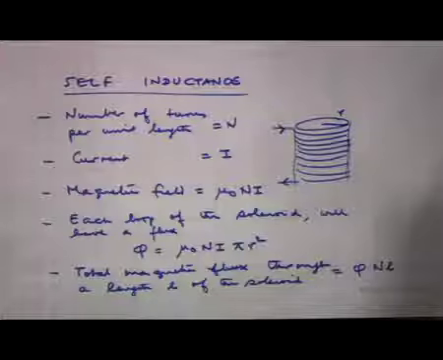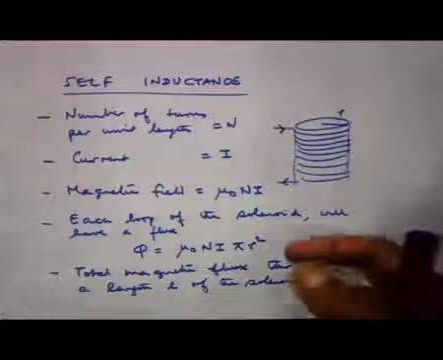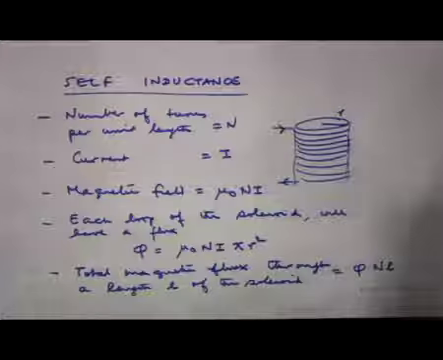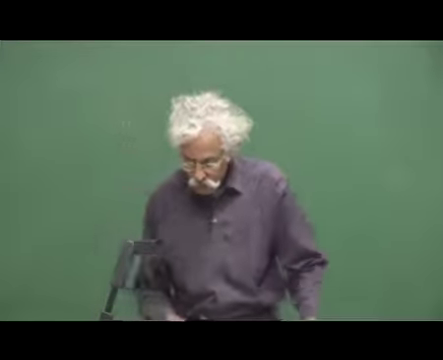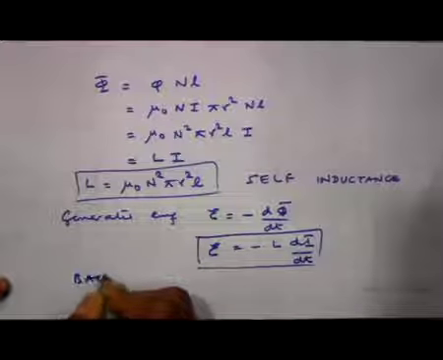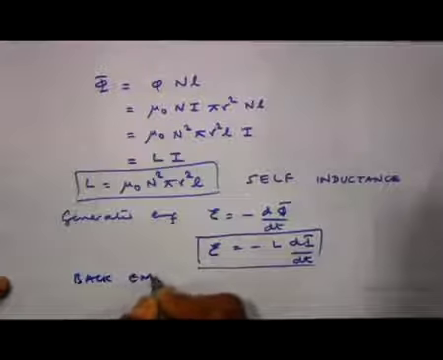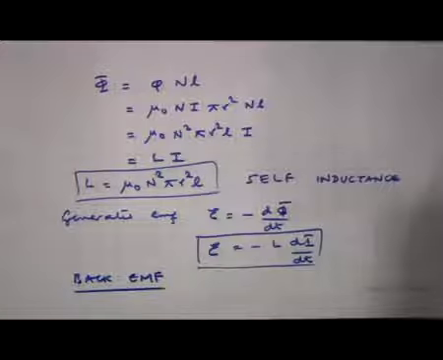Similarly, if I try to reduce the current, I will reduce the flux passing through the same solenoid, and the induced current will be such as to oppose this change and try to maintain the flux as before. This induced EMF is also called back EMF, because it tries to reduce the changes that you are trying to impose on the circuit.